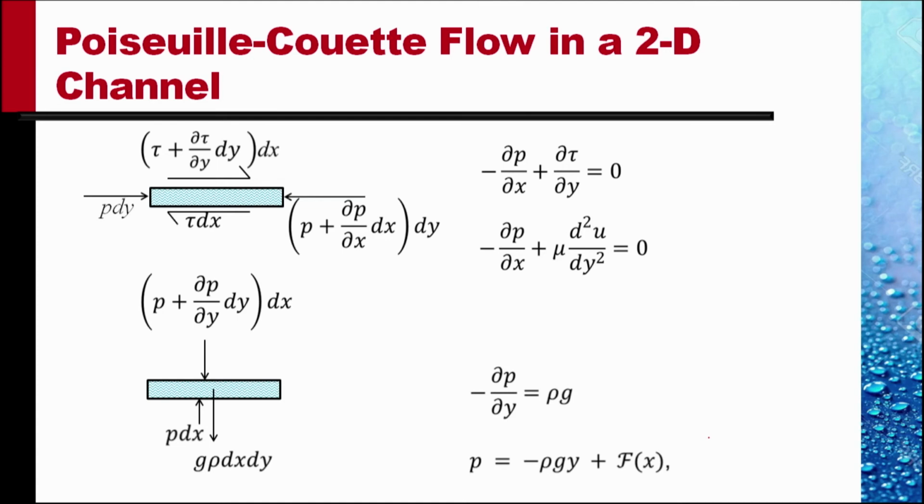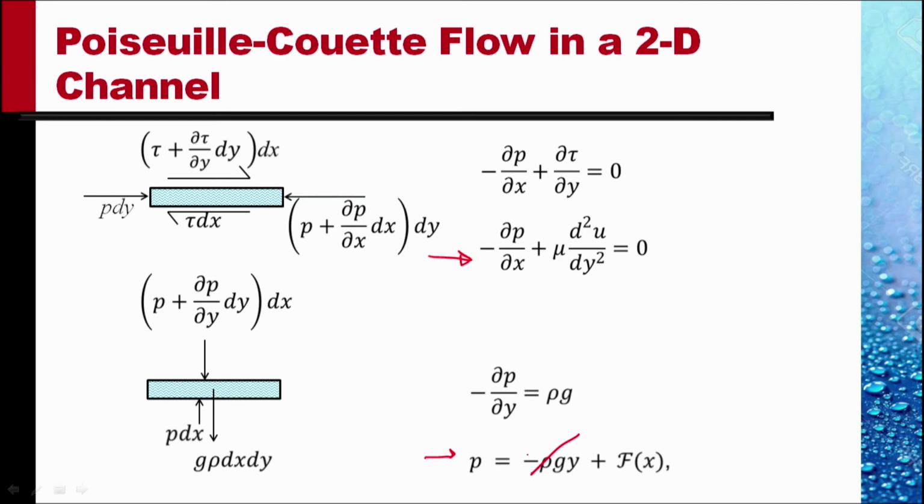Now, let's go back to this equation. If I take the x derivative of this, the first term will drop. So del p by del x would be a function of x alone.